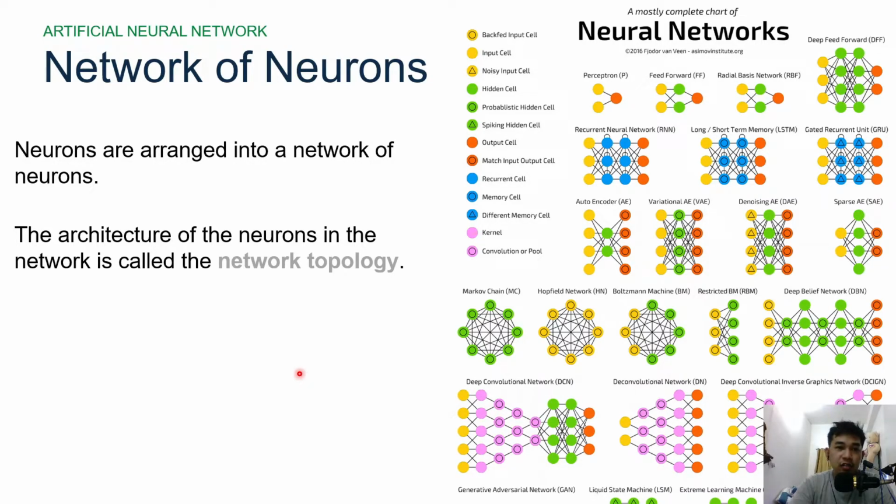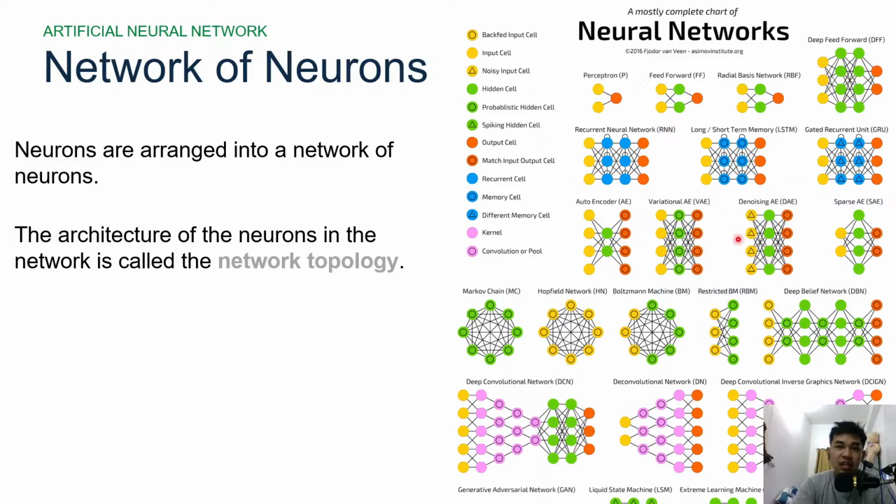Okay, a network of neurons. So they are actually arranged into a network of neurons. So we have here perceptron, feed forward, radial basis network. We have the deep feed forward, recurrent neural network or RNN.